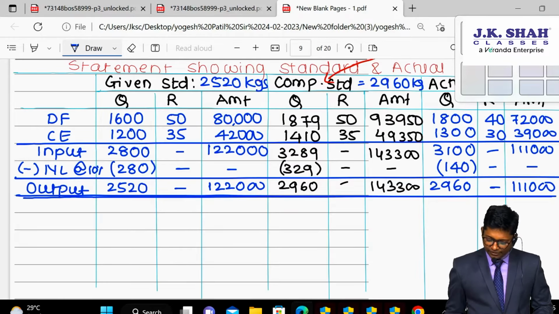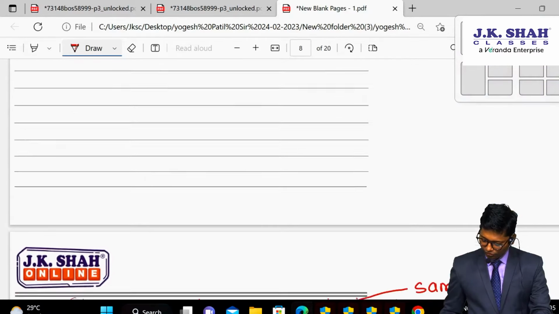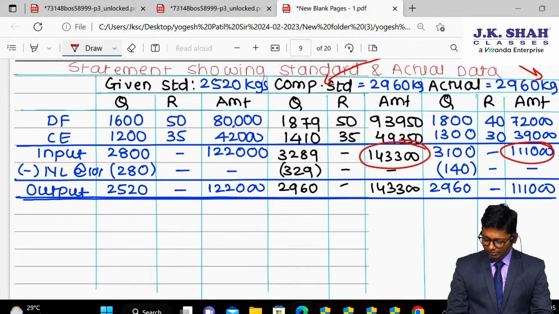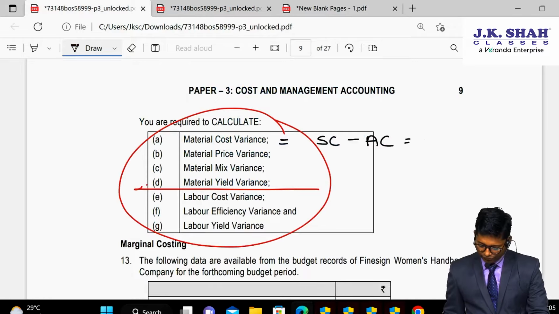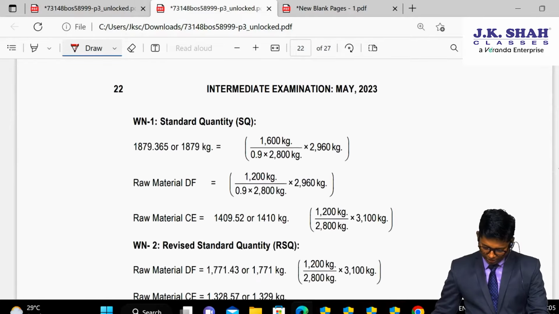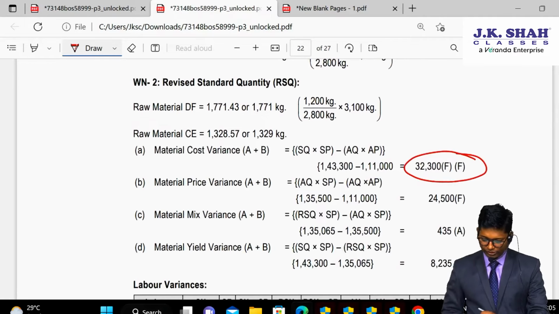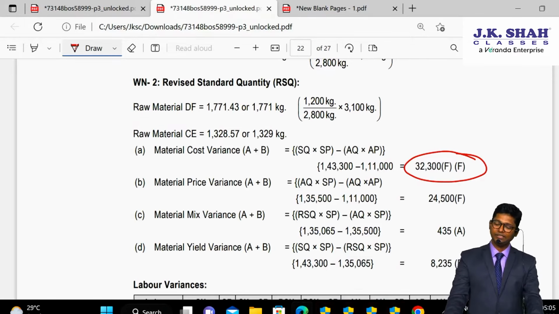We have standard cost in our statement, and standard cost of material is 143,300. When you deduct actual cost from that, your actual cost is 111,000, 32,300 is the answer for your first calculation. 32,300. Please cross verify it from the suggested solution. Your total calculations are shown separately. 32,300 is the cost variance which is given.